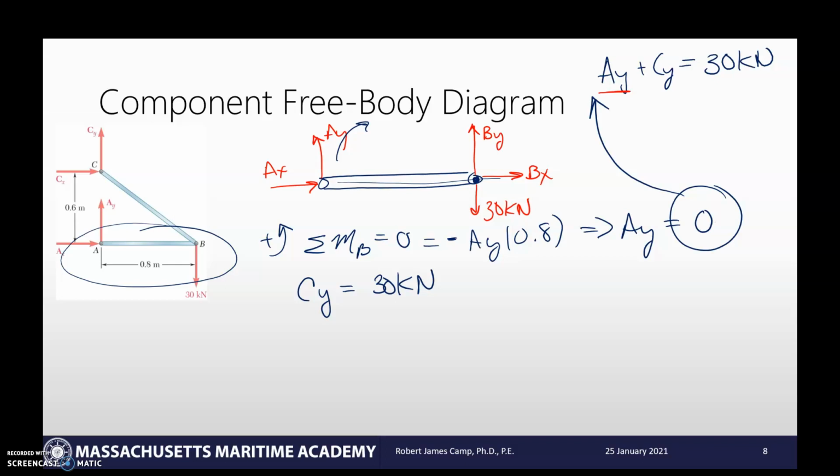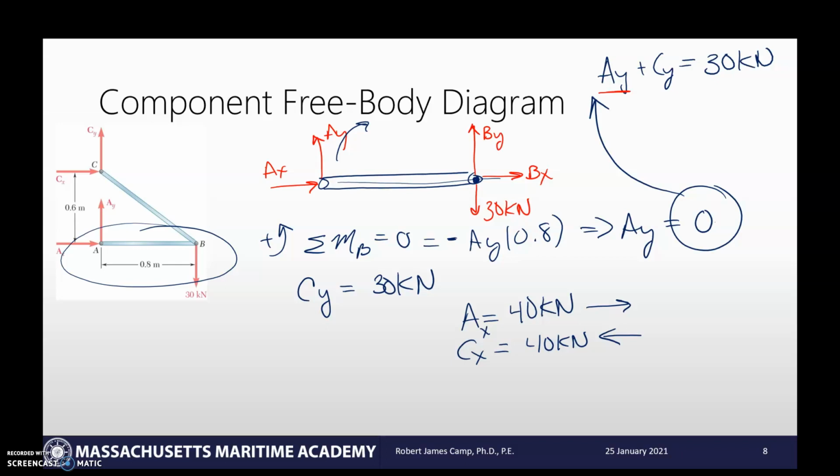So, what are our results at this point? Well, we have that A, just A in general, is 40 kilonewtons because there is no AY. So you can say it's AX, but it would just be the force at A. And because when we solved it, it's positive, that's telling me it's going in that direction. We solved for CX, and CX was also 40 kilonewtons. But if we look at our initial solving from the last video, it's in the negative direction.